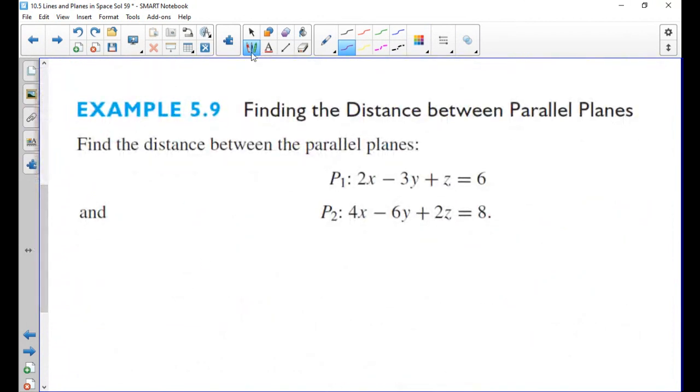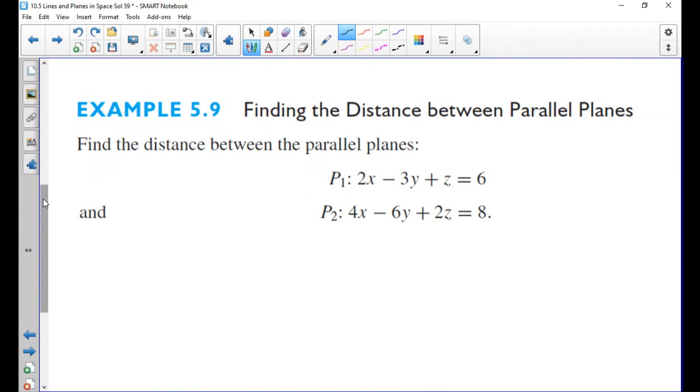Now, of course, sometimes you have to do a little bit of work before you can apply a formula. Here we need to find the distance between two parallel planes.